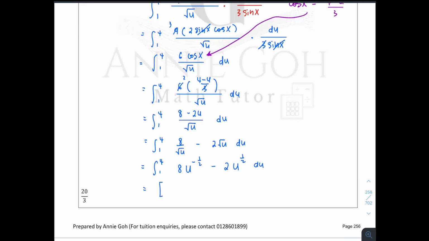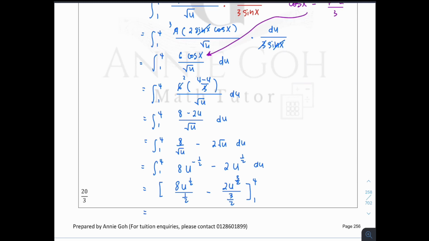So to integrate this, you just need to apply the integration formula. And then just sub in the limits from 1 to 4.